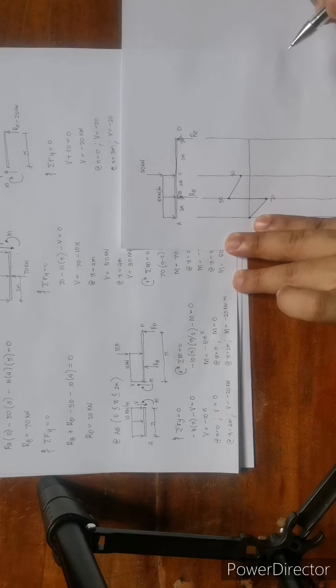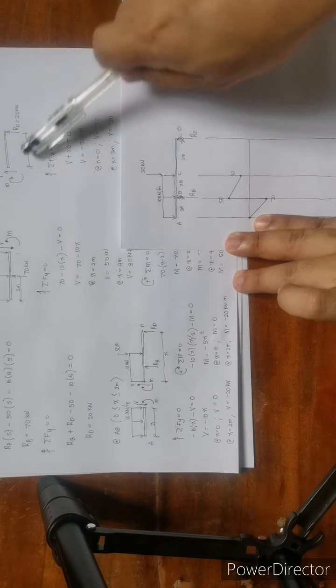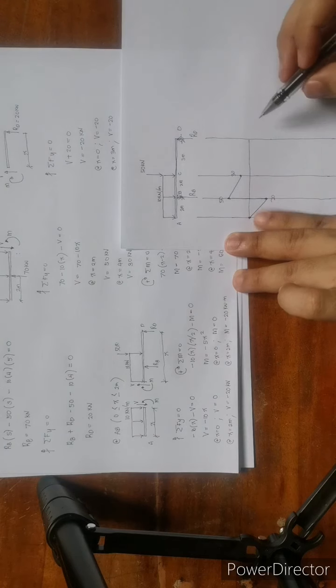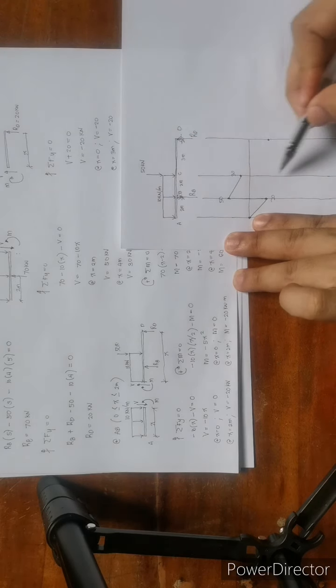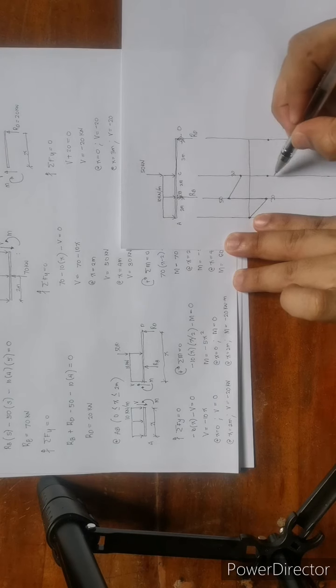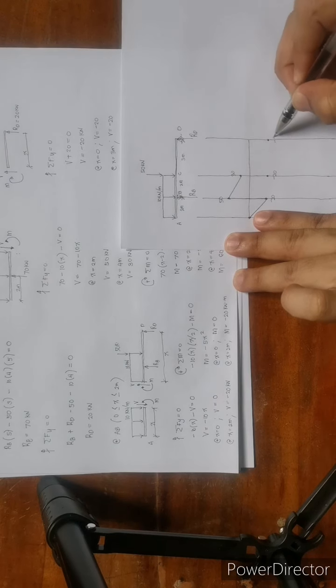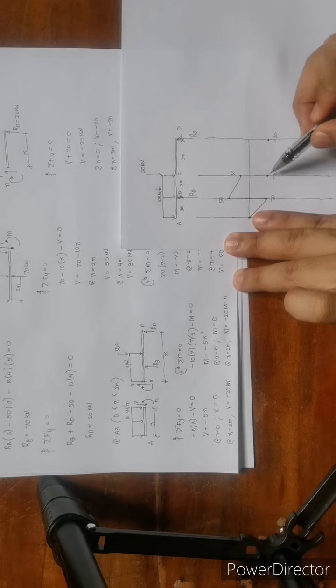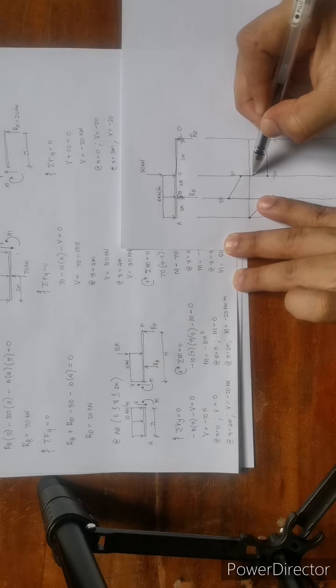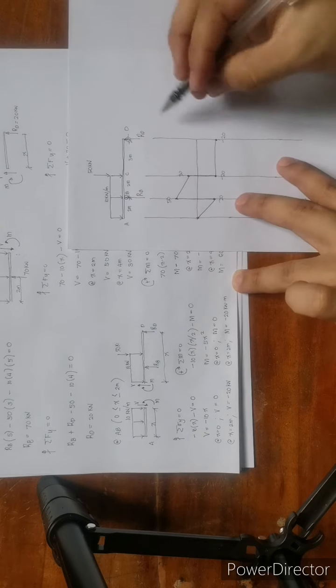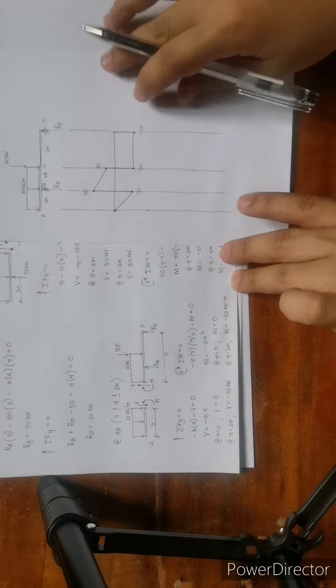Dahil binaliktad natin yung section natin. At x equals 0, negative 20. At x equals 3, negative 20. Negative 20, negative 20. So, connect lang natin. Horizontal line lang yun. Magiging 0 degree siya. So, that will be our shear diagram.